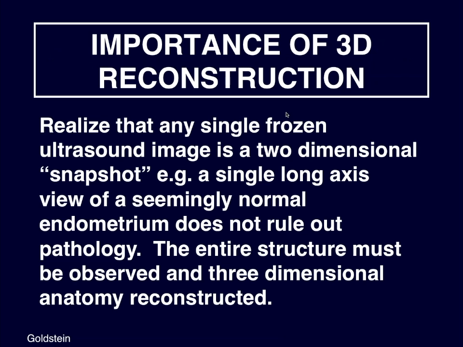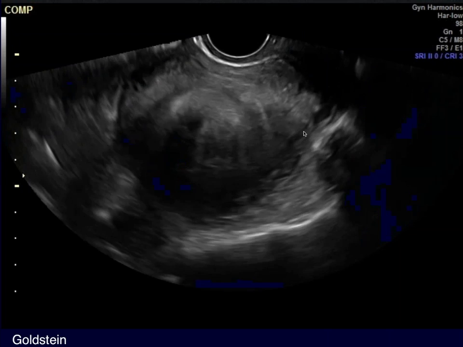Well, it is very important to realize you must do 3D reconstruction, either with 3D or with your head, because every one of these single frozen ultrasound images is a two-dimensional snapshot. So a single long-axis view of a seemingly normal endometrium does not rule out pathology. The entire structure's got to be observed and three-dimensional anatomy recreated.